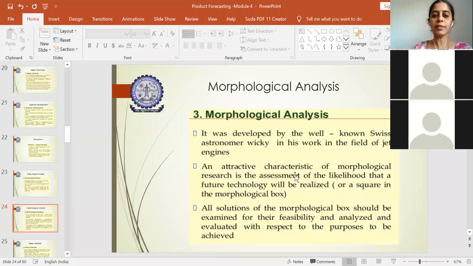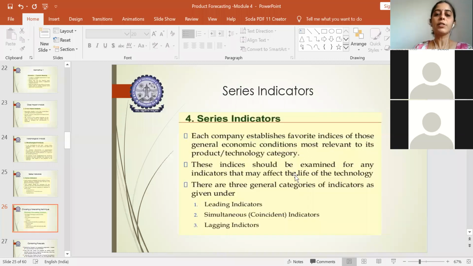And the last one is series indicator. In series indicator, each company establishes favorite indices of those general economic conditions most relevant to its product and technology category. So here they will list out the indicators which are associated with their product and the technology they are using. Be careful, it is not like they are collecting all the information related to any stream of area.